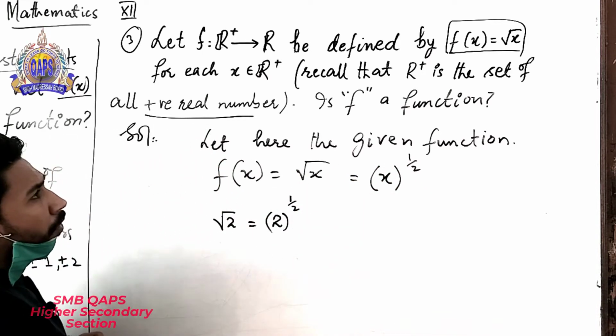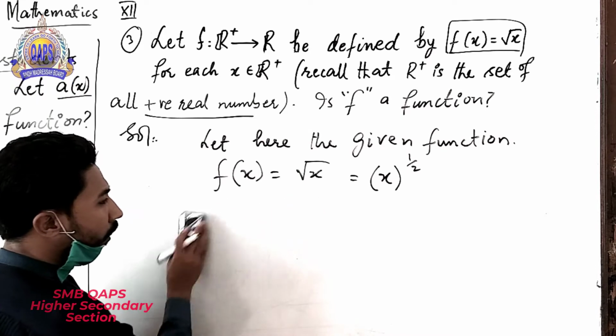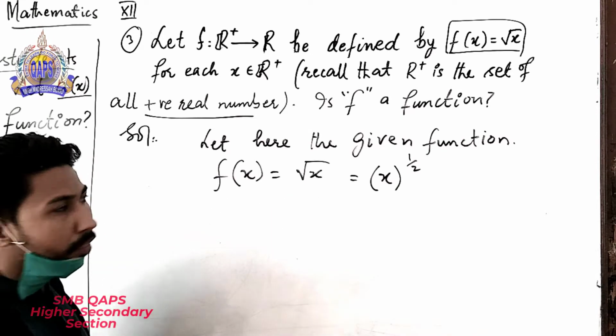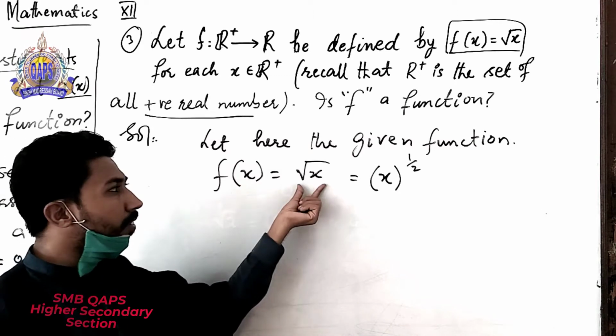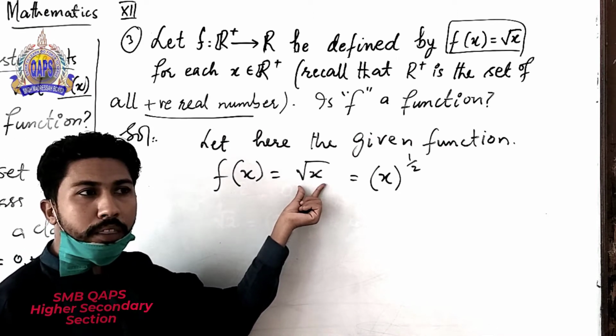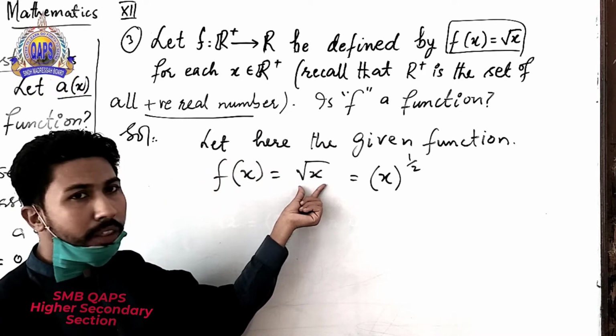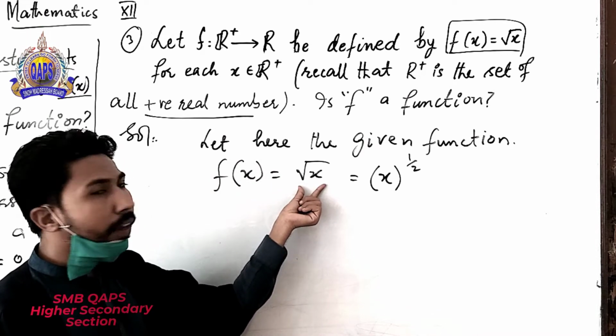So now we put in the values of x which belong to the positive real numbers. X represents the domain and its function represents the codomain, or you can say the image, or in other words the range.